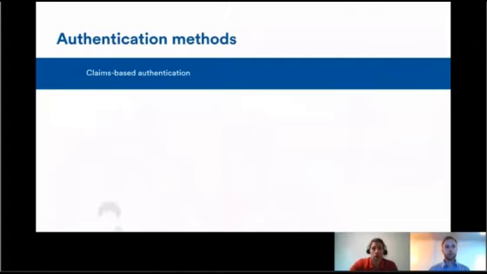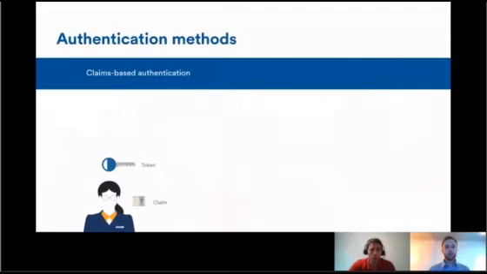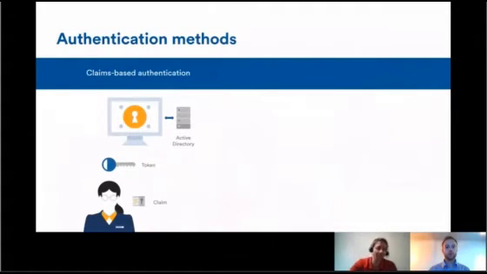So the first one we call claim-based authentication. When you request access to a system, you can use what is called a claim in order to access it. A claim is a statement that one subject makes about itself or another subject. The statement can be about a name, an identity, a key, a group, a privilege, or even a capability.